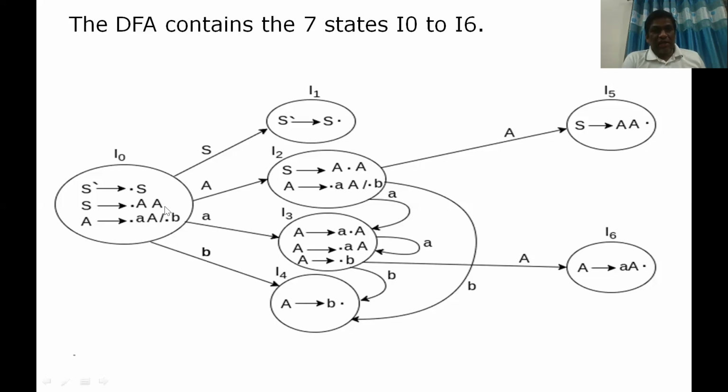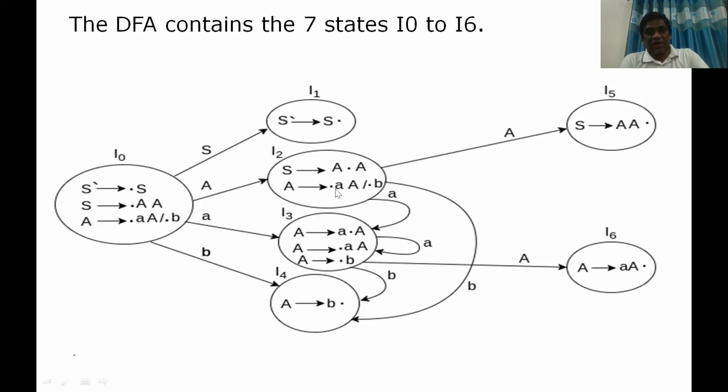On capital A, this production, the second production, dot is put over here, that is S implies A dot A, and because after dot there is a variable capital A, add all the productions of capital A over here. So what are the productions of capital A? Capital A productions are dot small a capital A or dot B. So A implies dot small a capital A or dot B are added here, right?